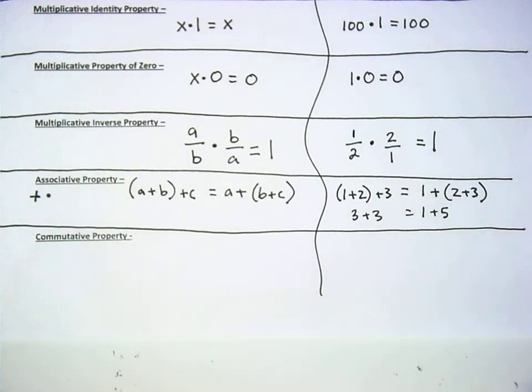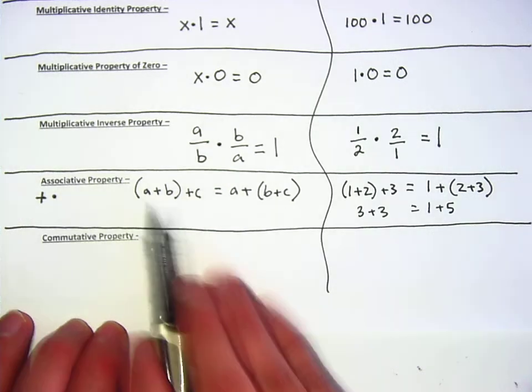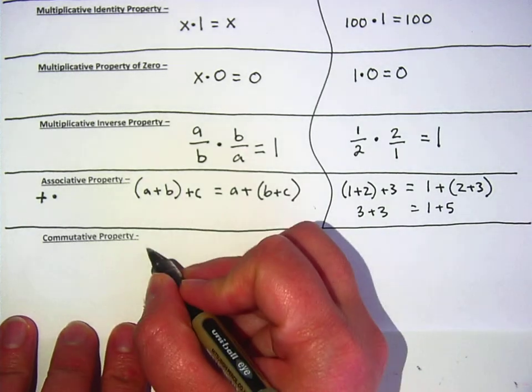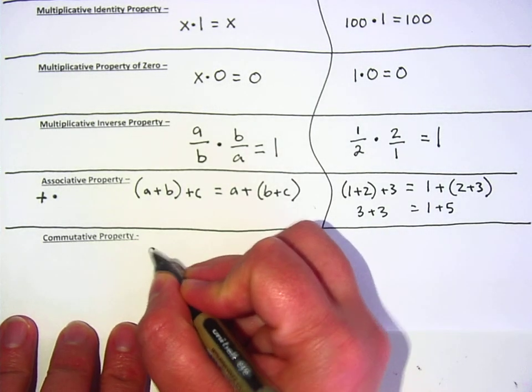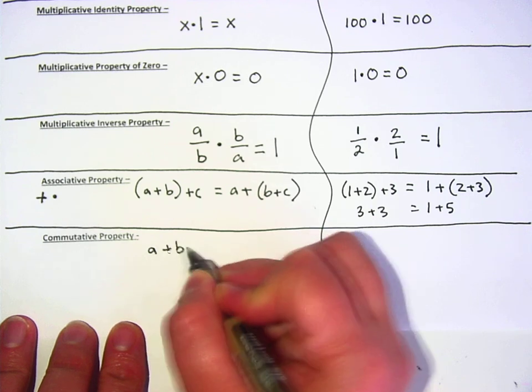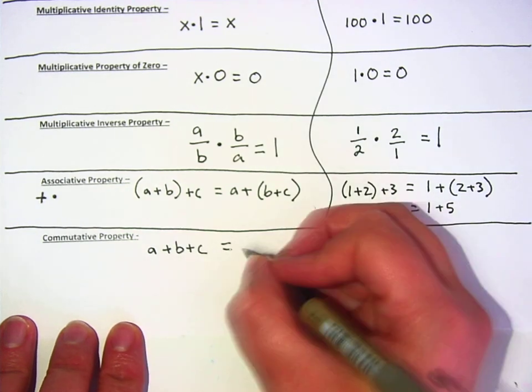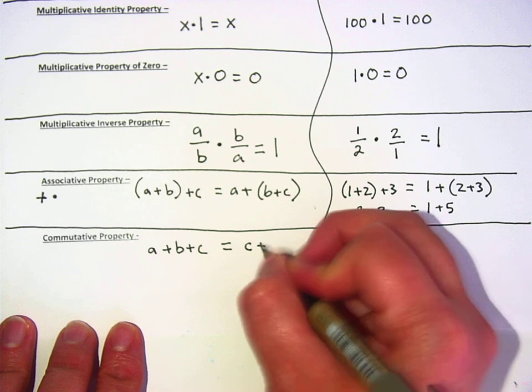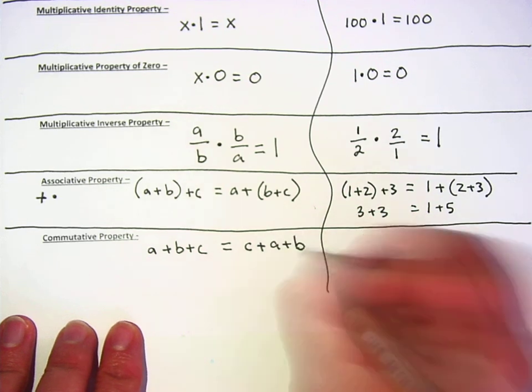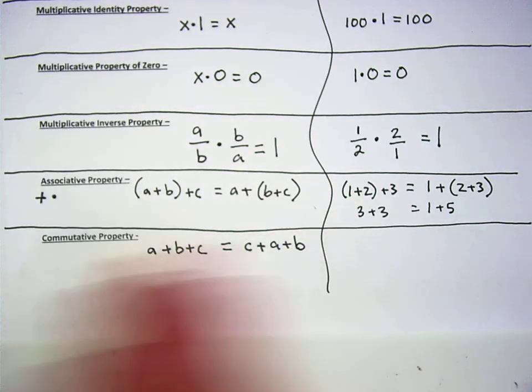Oh, that you can change the actual order of them. Okay, so this one just changes the parentheses, and this one will change like, so it'd be A plus B plus C is the same thing as C plus A plus B. So they're both associated with order.